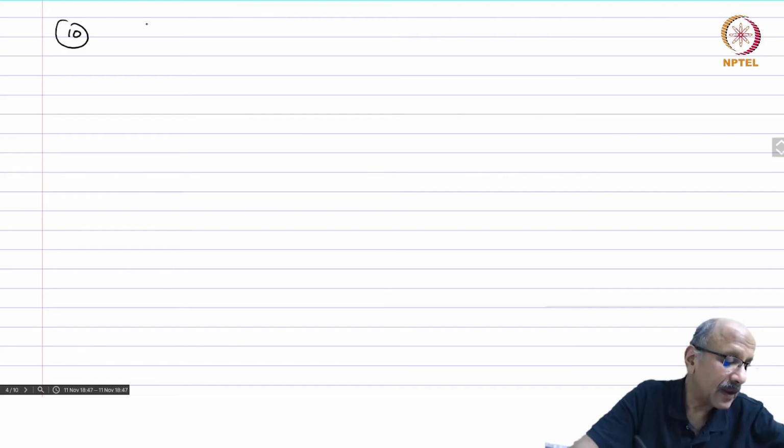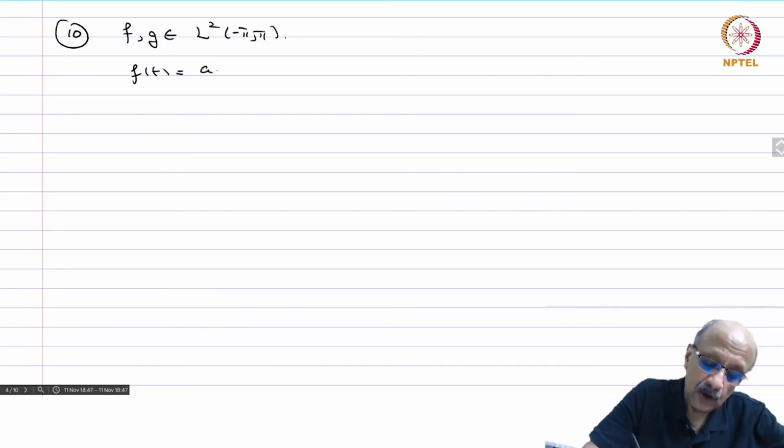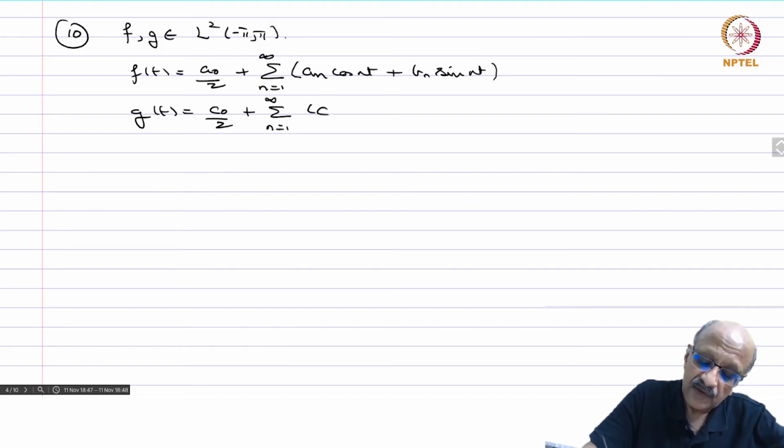10. So f, g in L2 minus pi pi, and f t is a naught by 2 plus sigma n equals 1 to infinity an cos nt plus bn sin nt, and g t equals c naught by 2 plus sigma n equals 1 to infinity cn cos nt plus dn sin nt.